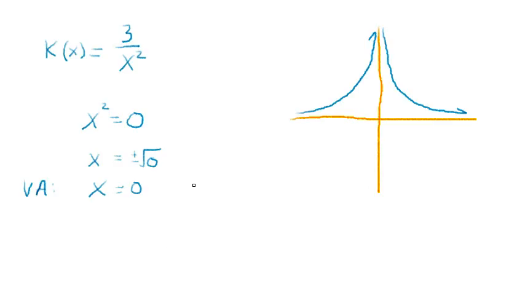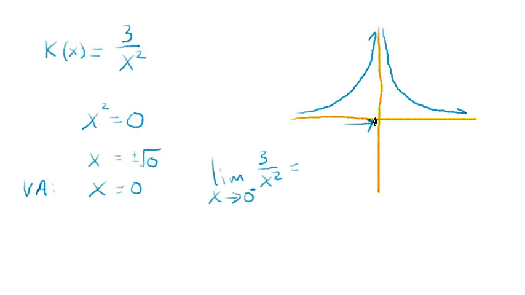Now, I'm going to also add, what if we were to find this, and we talked about this in the previous section, these left and right handed limits. Now we're coming in from the left hand side approaching 0. What is happening as we get closer and closer to 0 coming in from the left? What is happening to our y value?